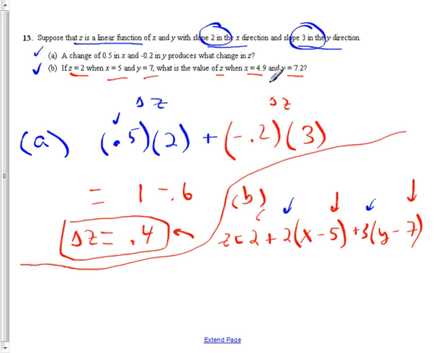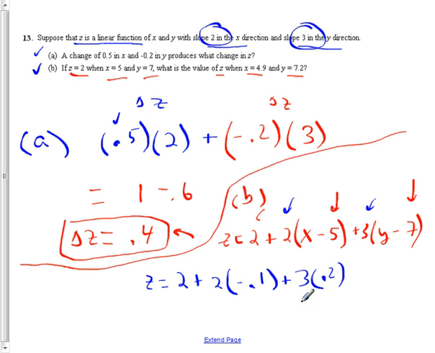So it says, what's the value of z when x equals 4.9 and y equals 7.2? Let's just insert those values. So z equals 2 plus 2 times, putting 4.9 in here will result in negative 0.1. And putting 7.2 in here will result in positive 0.2.